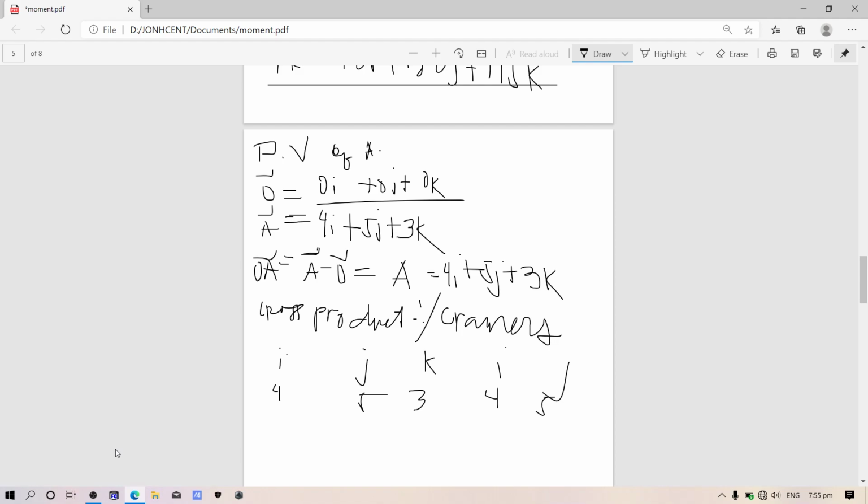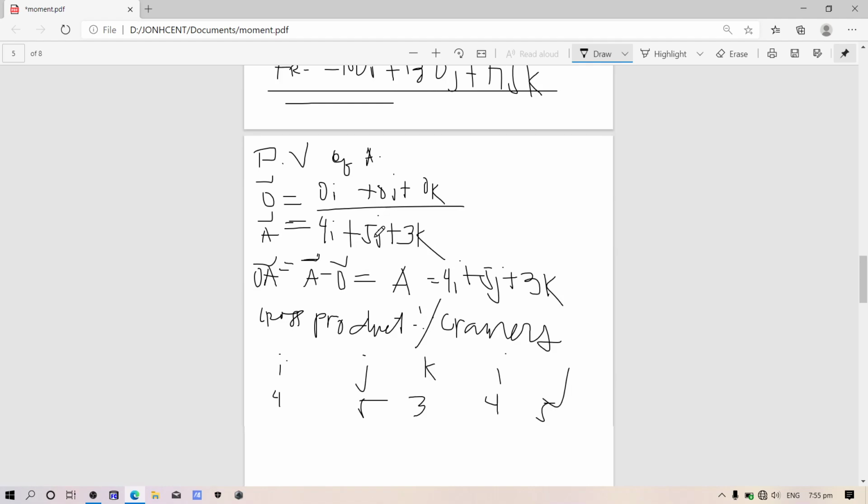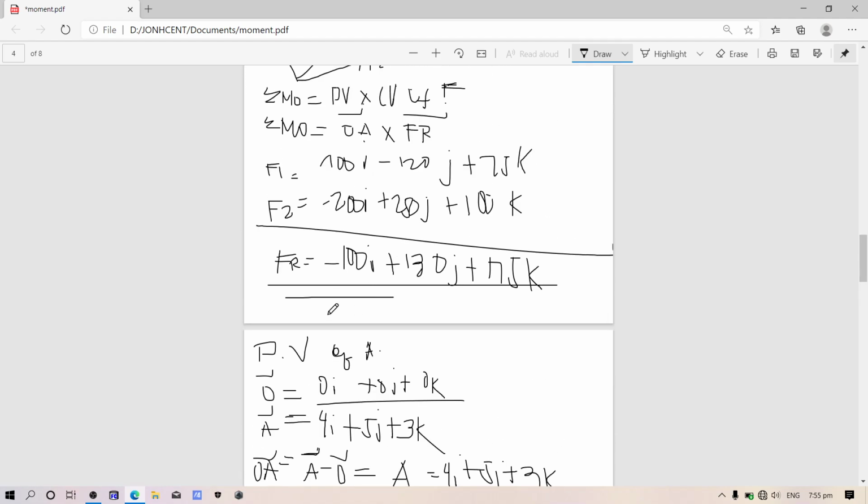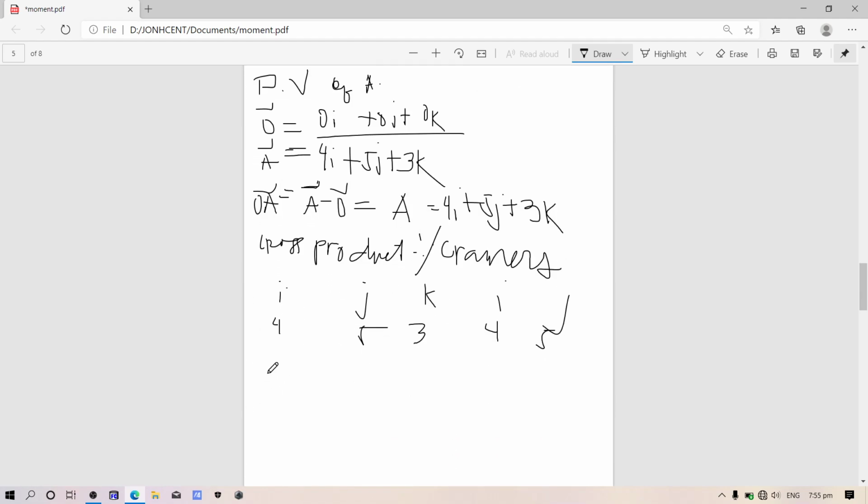Okay? Then, yung nakuha natin kanina na resultant in Cartesian. So that is negative 100, 130. Sorry, 130 pala to.